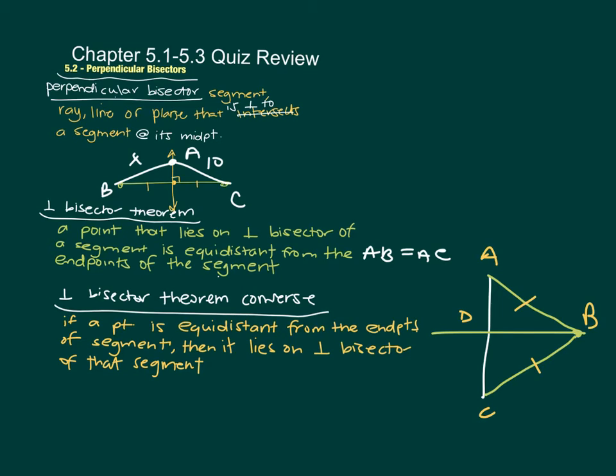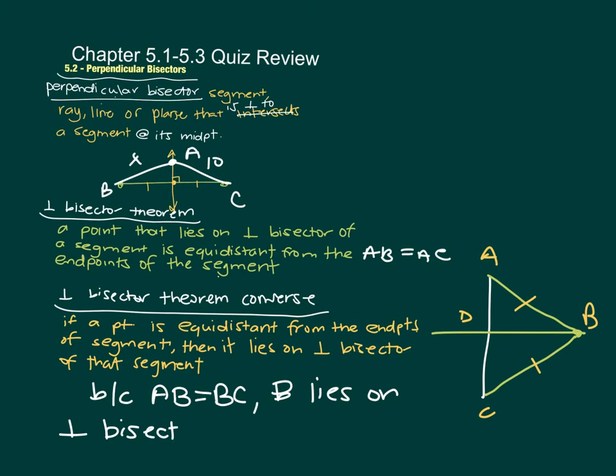So if I had something like this, I could say that because AB is equal to BC, B lies on the perpendicular bisector of AC, or BD is the perpendicular bisector of AC.